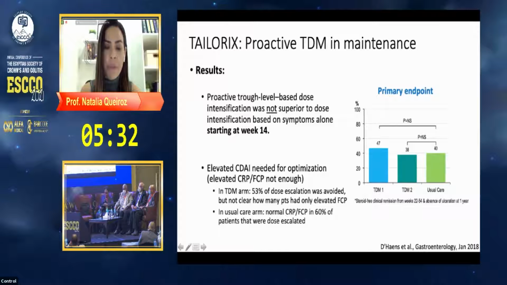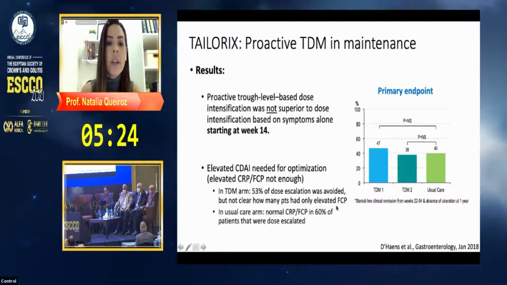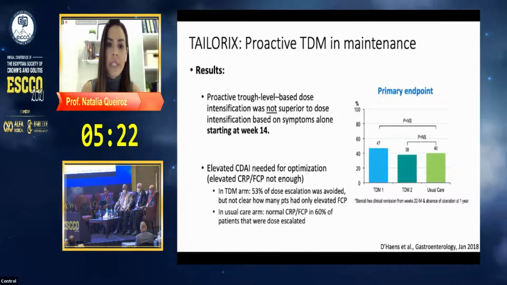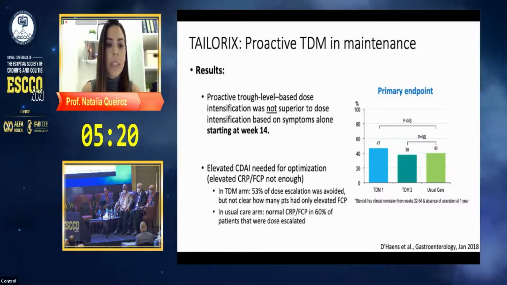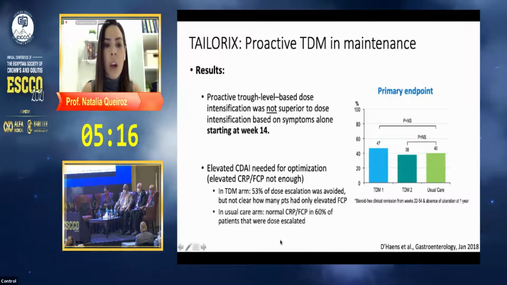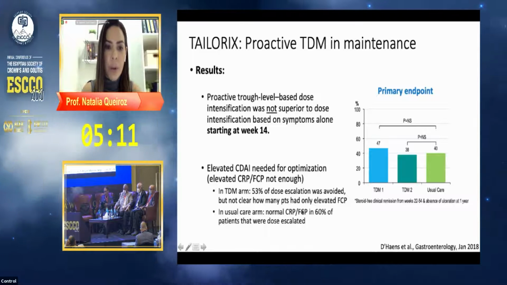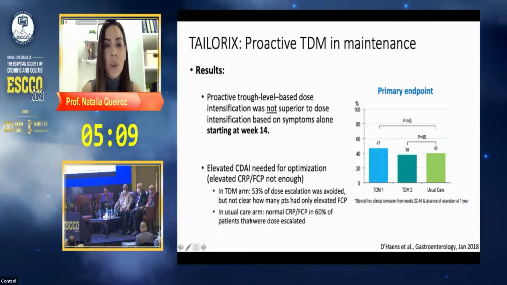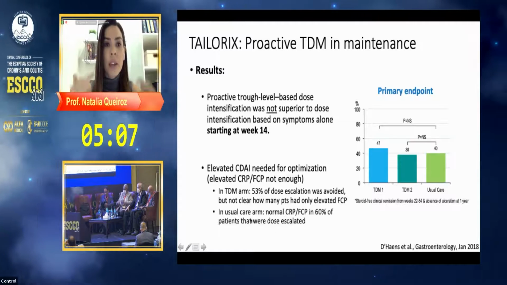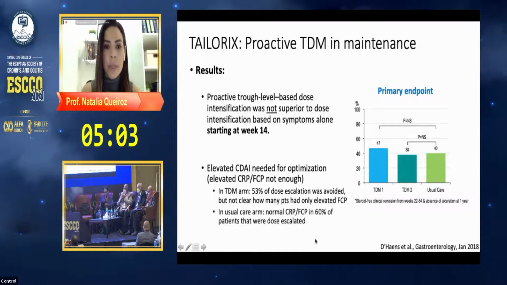And in the TDM arm, 53% of dose escalation was avoided, but it's not clear how many patients had only elevated CRP or fecal calprotectin. And in the usual care arm, CRP and fecal calprotectin in 60% of patients was normal in patients who were dose escalated. So it was really hard to show a difference among groups. The groups were really similar.